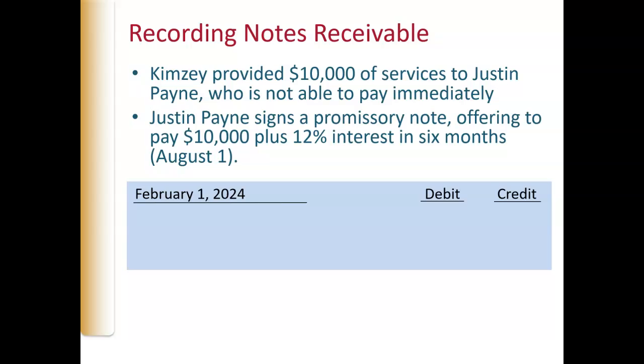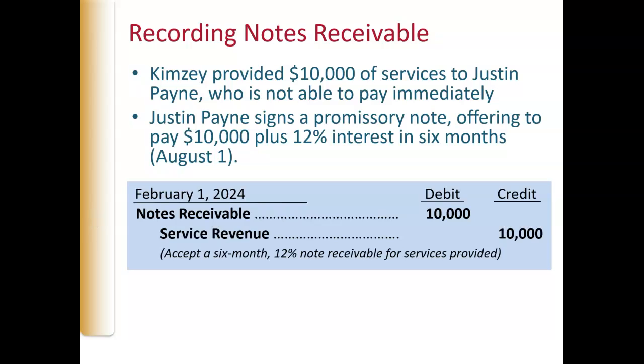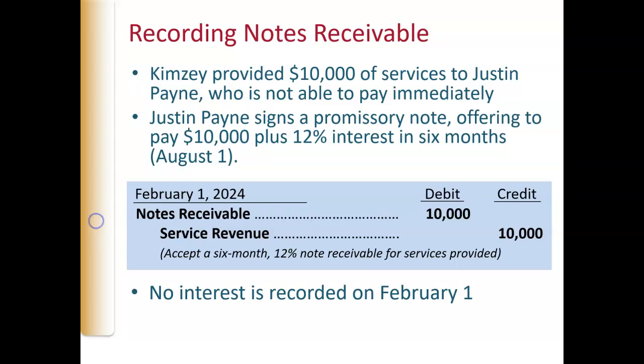But then for February 1st, on February 1st, the note receivable happens. Then in August, when it's going to be paid, at that time we will show the interest receivable, okay? No interest gets recorded when it initially is taken out. We just show the note.